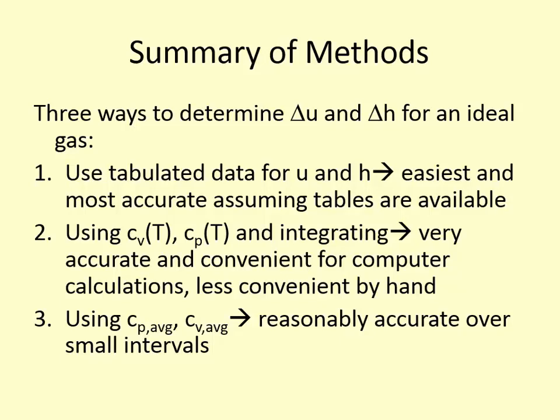Okay, so the second method, which is also very accurate, is using that equation, integrating it, and putting in the constants, which is less convenient to do, especially if you're doing it by hand. However, if you're developing a computer simulation where you would want it to automatically calculate these changes in internal energy or enthalpy, then it's very nice to have that equation.